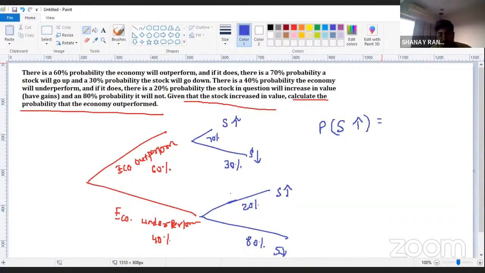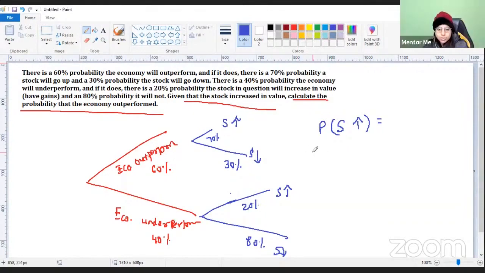And if the economy underperforms, then the probability of the stock going up is 40 into 20. So that is 0.08, 8%. So 8% is the probability of the stock going up when the economy underperforms. And if we add that, we have the total probability of the stock going up.